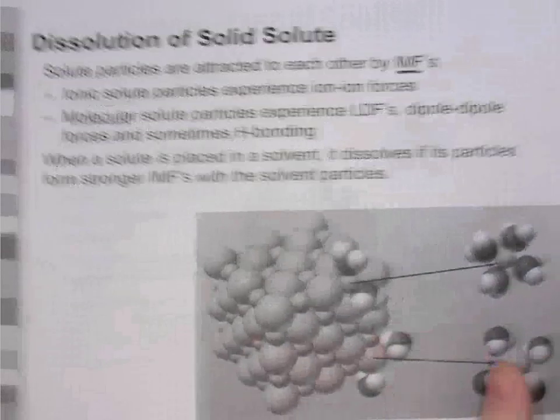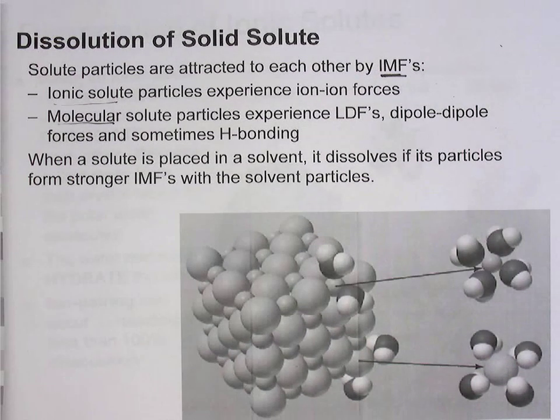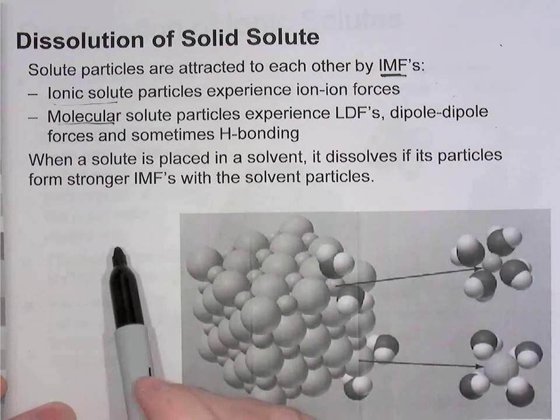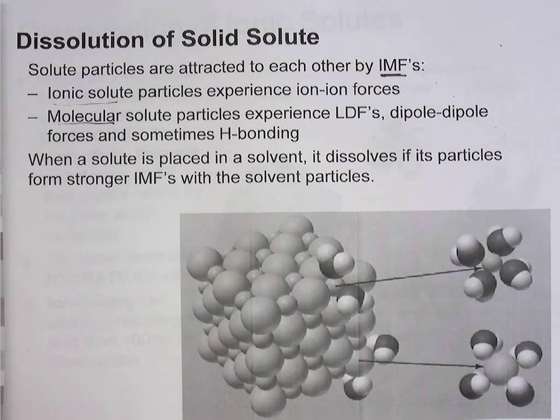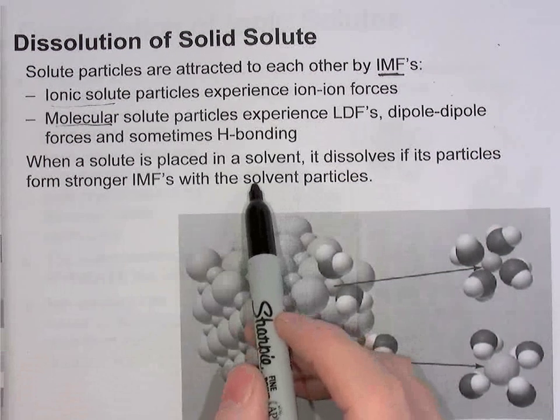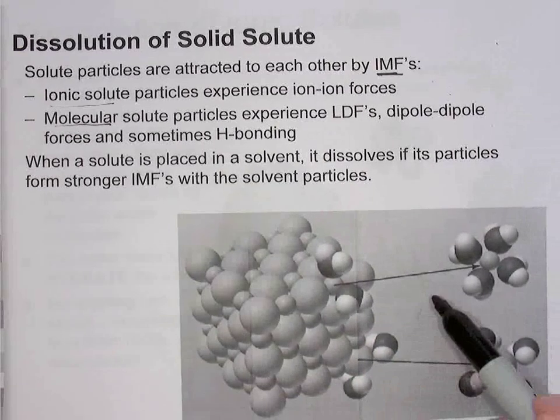The answer is that the solute particles are also attracted, if they're going to dissolve, to the solvent particles. So the solvent particles experience IMFs between themselves, but when you put a solute into the solvent, there are now possibilities of forming new intermolecular forces between solute particles and solvent particles. If those new intermolecular forces are stronger than the original ones, then the solute will dissolve.